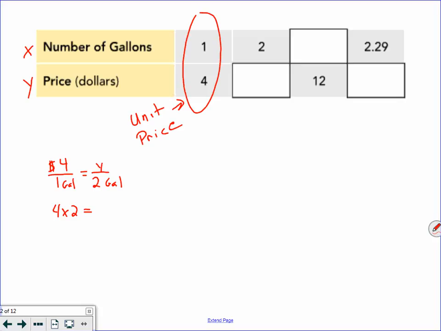I'm going to call it Y since that's what we put for price. So that would be 1 times Y, which is 1Y. Because it's 1 times Y, I don't need the 1. I can just put Y. If you see what happens here, all we really had to do was take the 4 times 2 to get the 8.